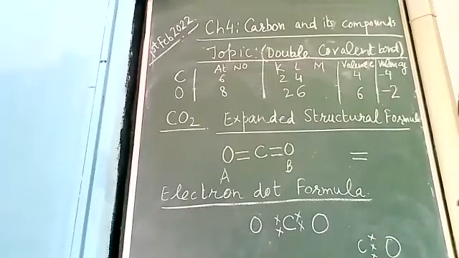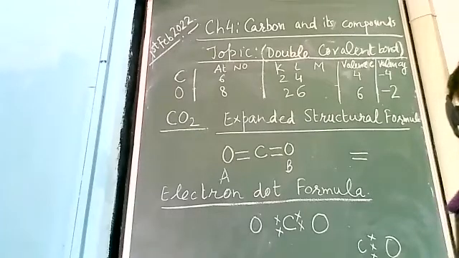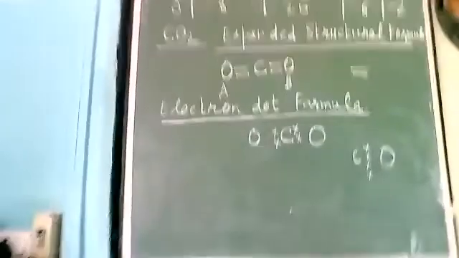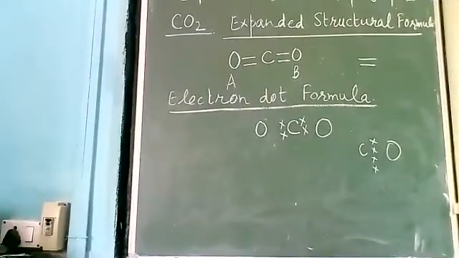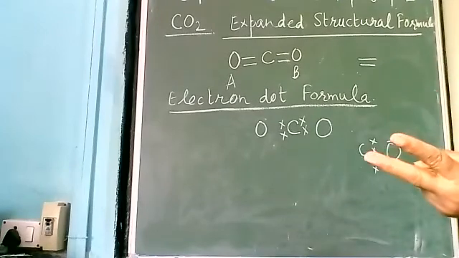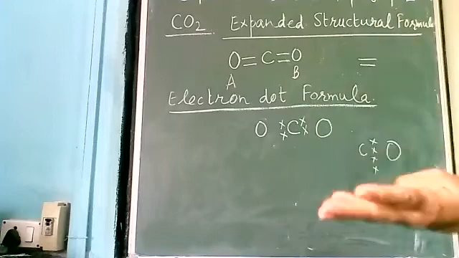Because oxygen needs only 2 electrons, so a maximum of 2 electrons can be shared by an oxygen atom. Oxygen cannot share 4 electrons.